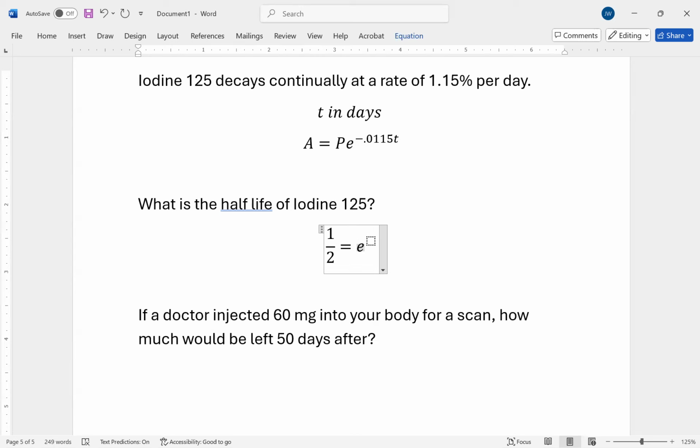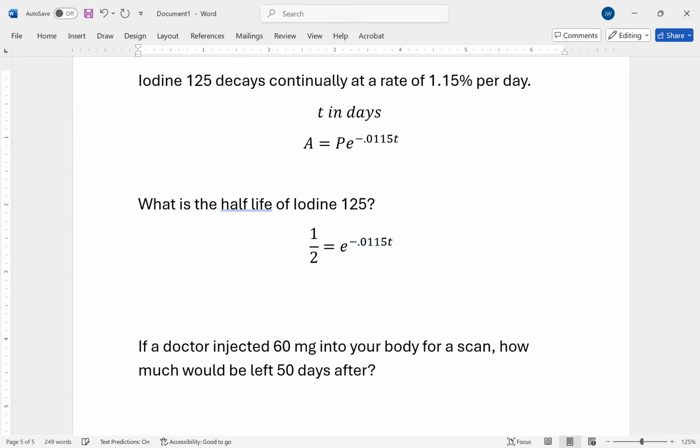Maybe it's a half of a pound or a half of a milligram or something like that. So whatever we start with, just let A be half of that.